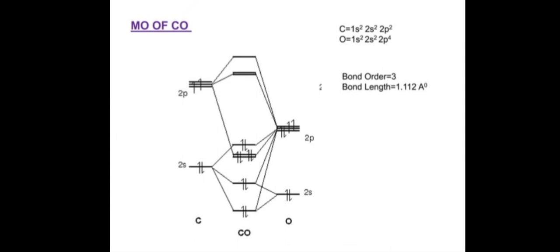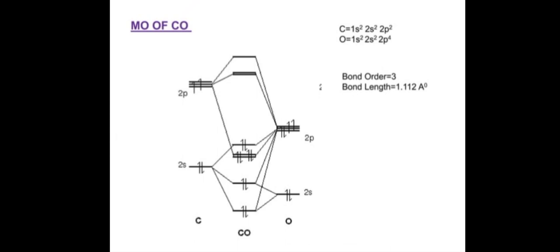Now take the next higher energy state. The 2p orbital of carbon has only 2 electrons, whereas the 2p orbital of oxygen has 4 electrons, so 2 plus 4, 6 electrons are present in total. Now distribute those electrons in the bonding molecular orbitals first, followed by the anti-bonding molecular orbitals.